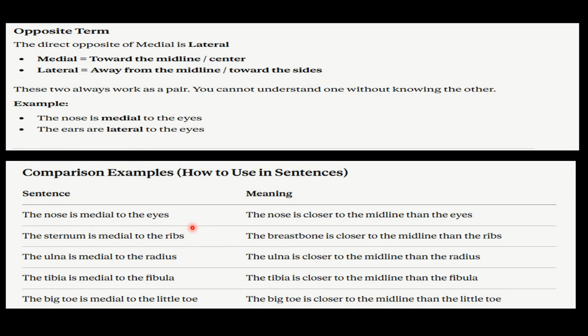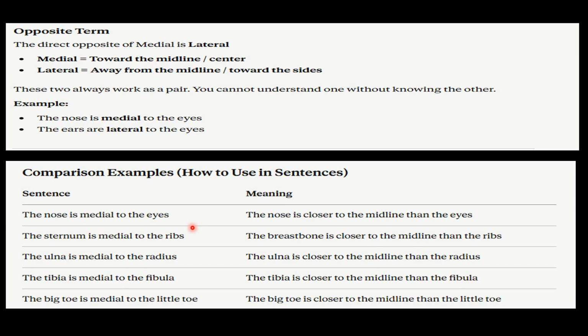Now let's talk about the opposite term, because every term has an opposite. The direct opposite of medial is lateral. Medial means toward the midline, the center. Lateral means away from the midline, toward the sides. These two always work as a pair; you cannot understand one without knowing the other. Here you can see the nose is medial to the eyes.